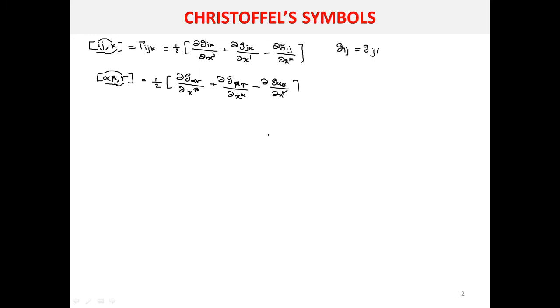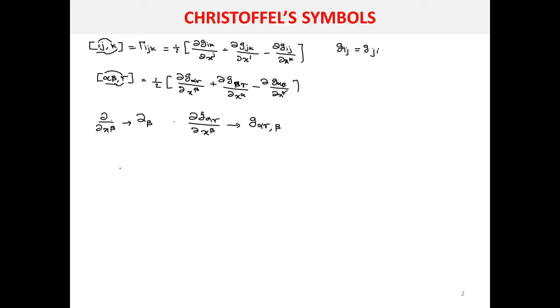This is the Christoffel symbol of the first kind. Different authors use different notations to express this particular equation. For example, some authors will write dou by dou x beta as dou beta. In some other texts, dou g alpha gamma divided by dou x beta will be written as g alpha gamma comma beta.